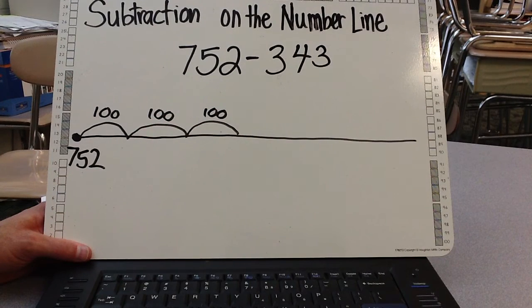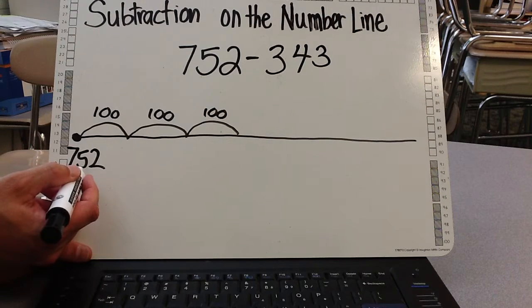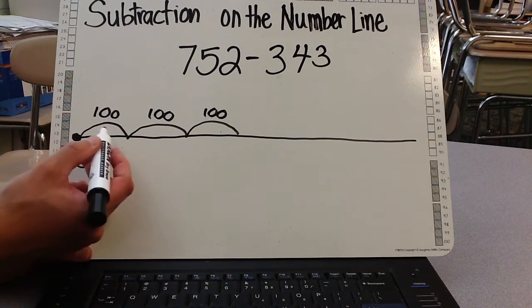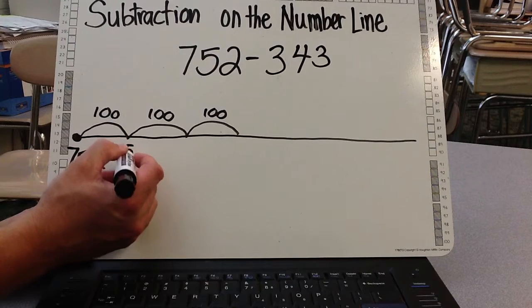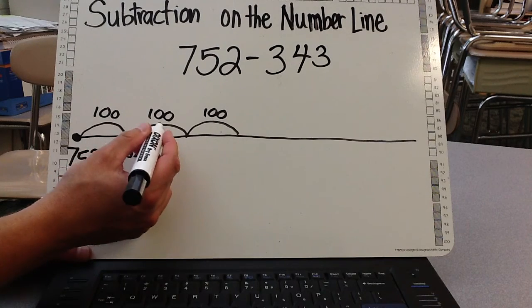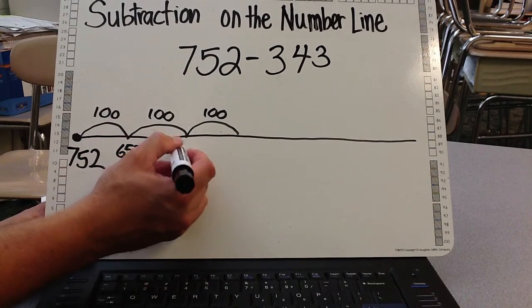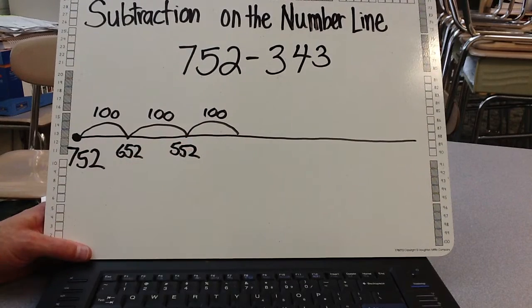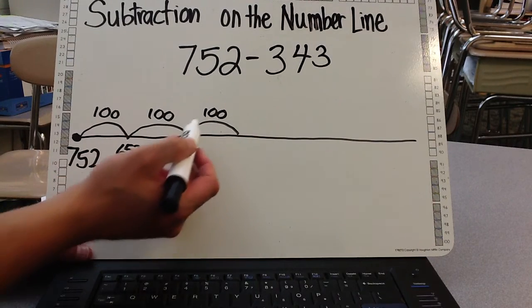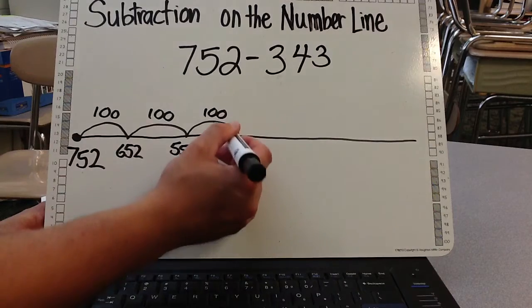So now I can take those numbers away from my 752. So 752 minus 100 is 652. 652 minus the 100 is 552, and 552 minus 100 is 452.